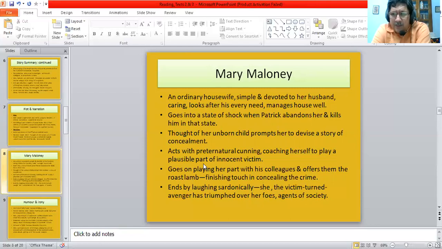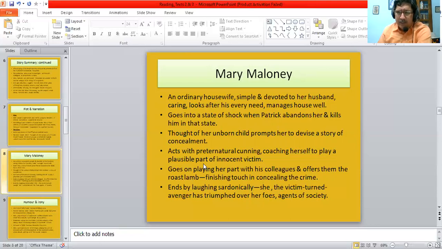So from this point of time, we have a different Mary, not the Mary that we were introduced to at first, who was sewing by the fireside, waiting for her husband to return from work. So we have a different Mary, cold, calculating, remorseless, and hard, pitiless, and she can act in any way that she wants in order to give the alibi that she was out shopping at the time that the murder was committed.